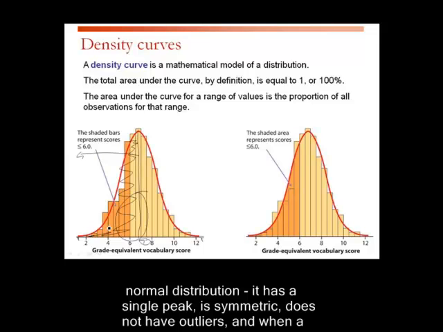Therefore, the area under the smooth curve to the left of 7, in this case it looks like exactly half, would be 50%. So what would that number 7 represent if its area was exactly 50%? I'm saying a grade equivalent vocabulary score of 7 lies right in the middle. 50% of students got a score of 7 or less. So what is that number 7? We know it. Median.